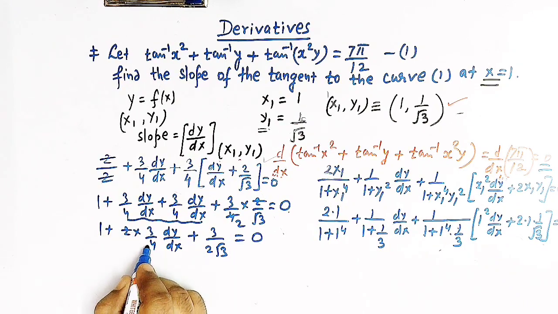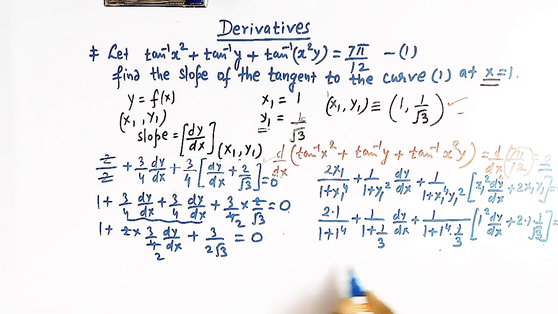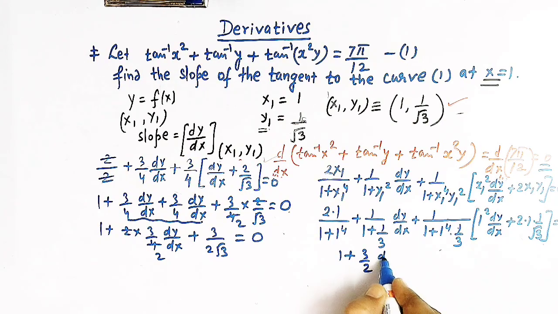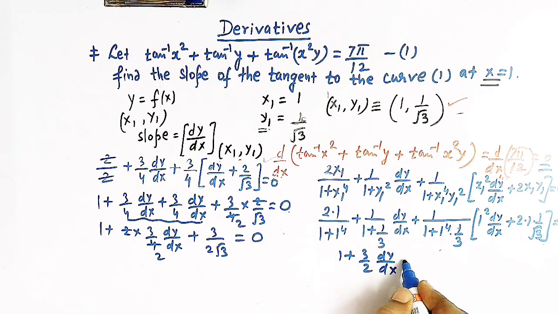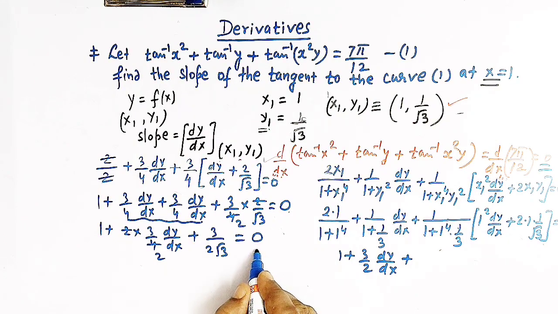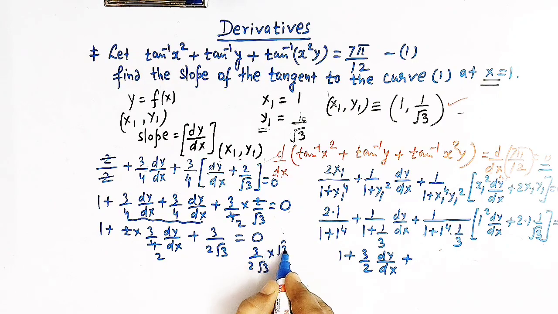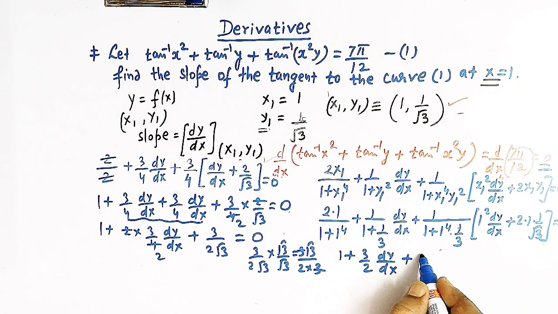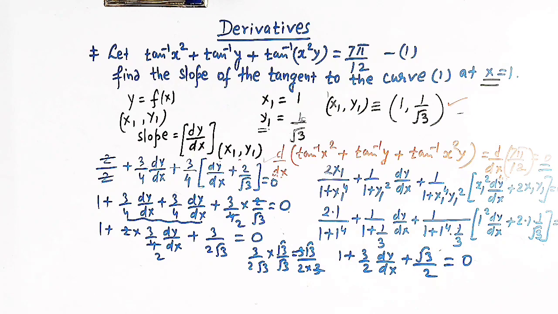So now we can write 1 plus 3 over 2 dy over dx plus here we can rationalize. So we have 3 over 2 root 3 times root 3 over root 3. So this is 3 root 3 over 2 times 3. So 3 and 3 get cancelled. So we are left with root 3 over 2, that is equal to 0.